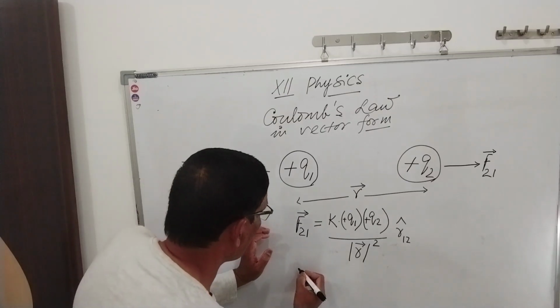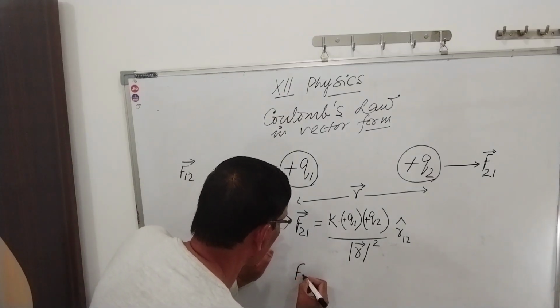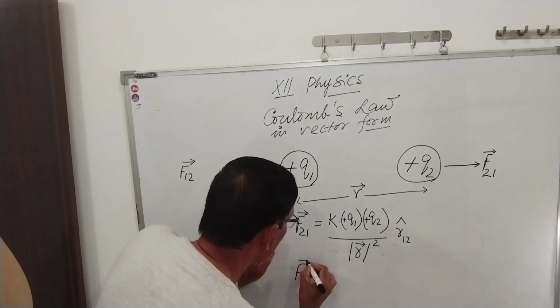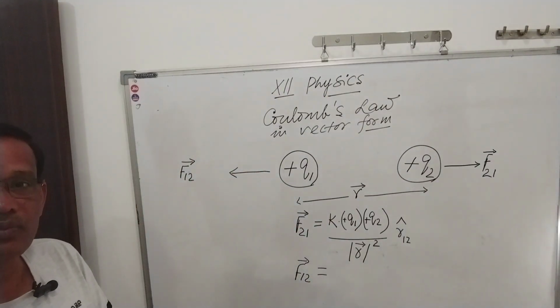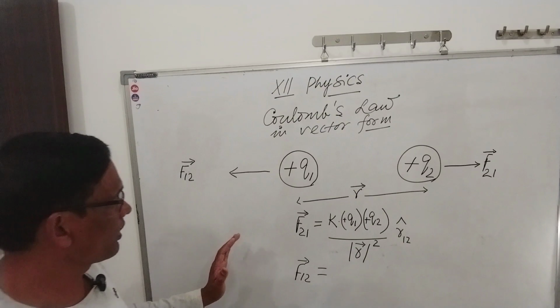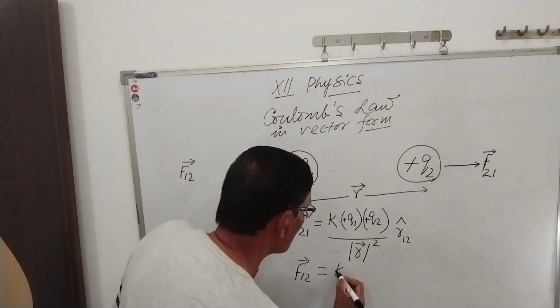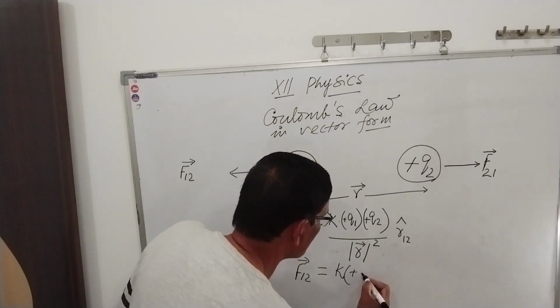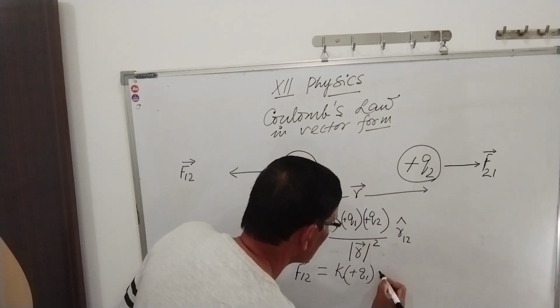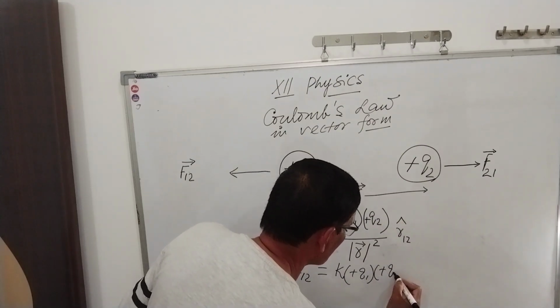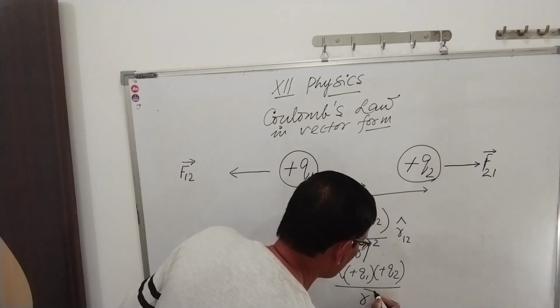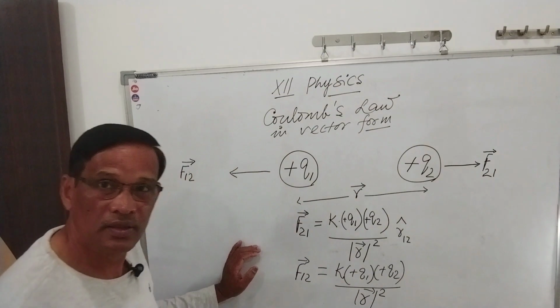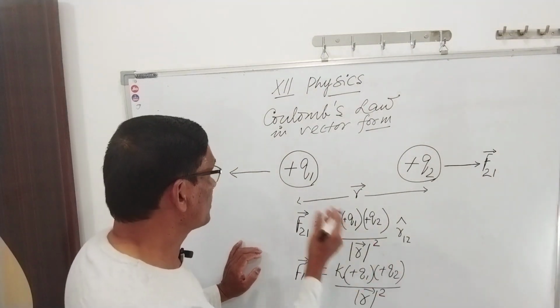Similarly, if you are writing force on 1 due to 2, look here, what you are going to write: same again, k with positive q1 with positive q2 upon the same magnitude r square with the direction.